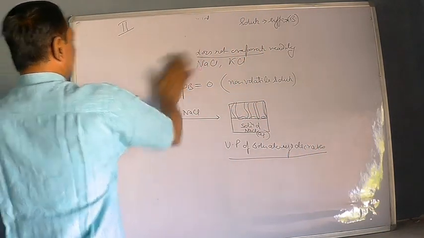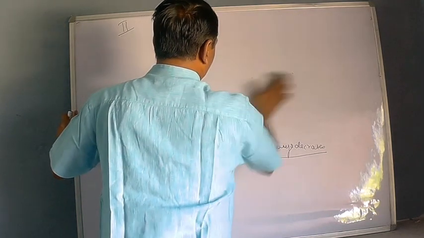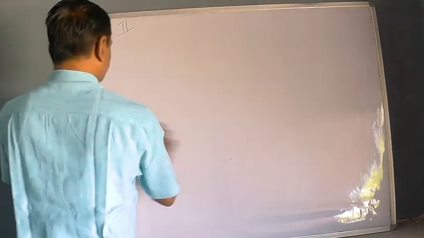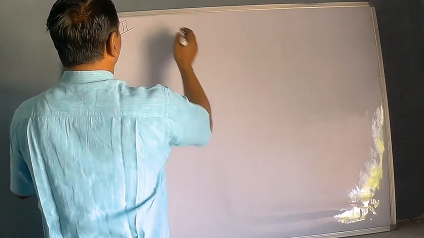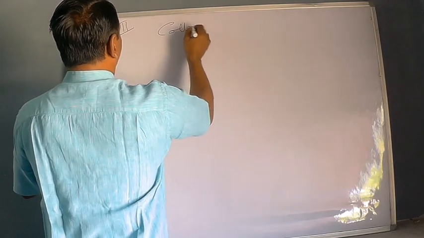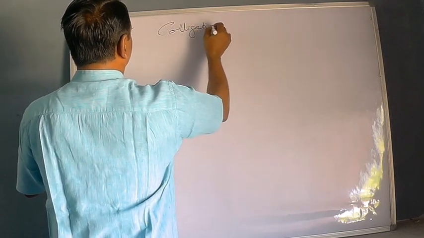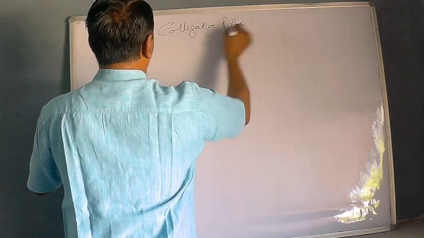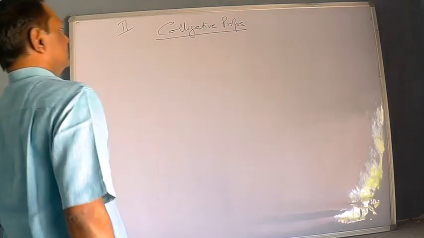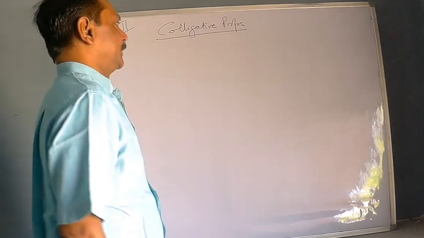So class, a new term arrived here, that is called colligative properties. So in simple terms, what are colligative properties?